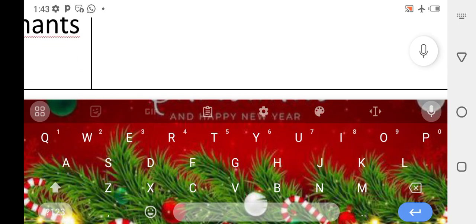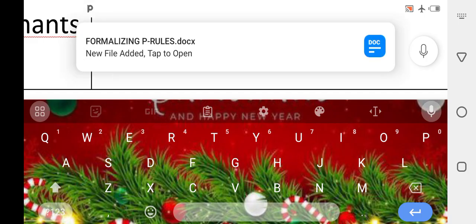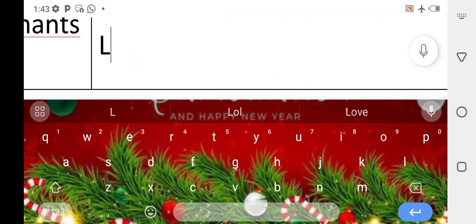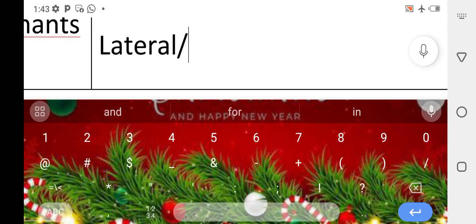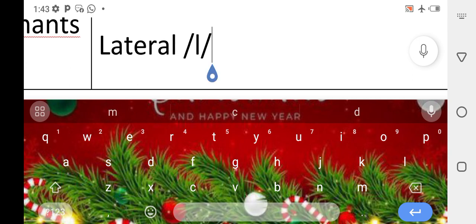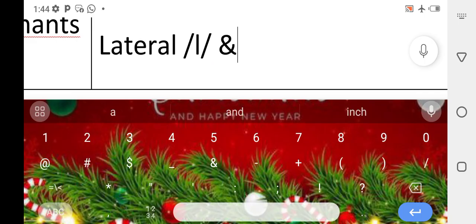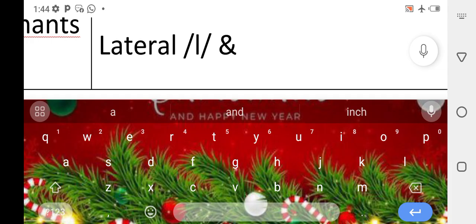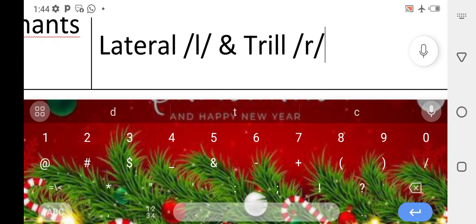Now when we come here, L is a lateral. And the trill is r. So we have the lateral and the trill.